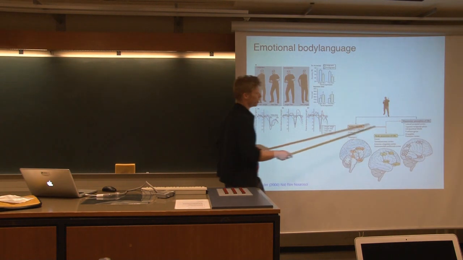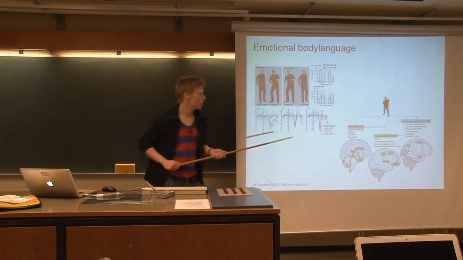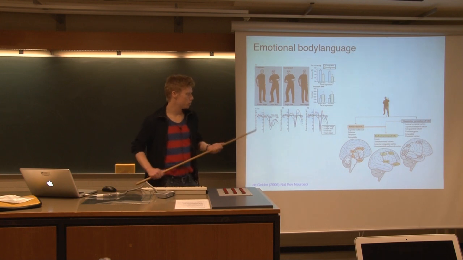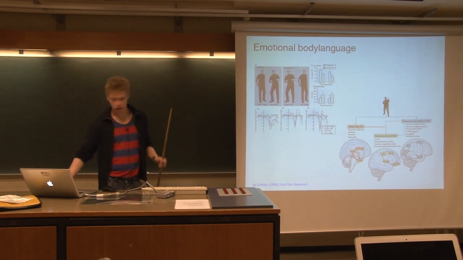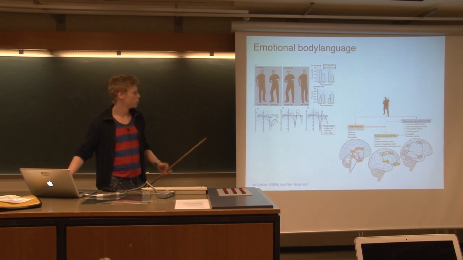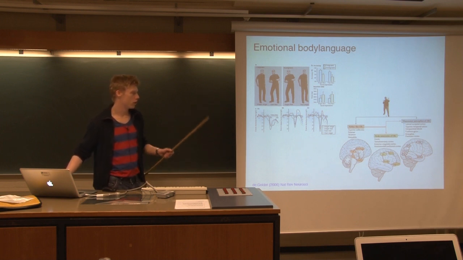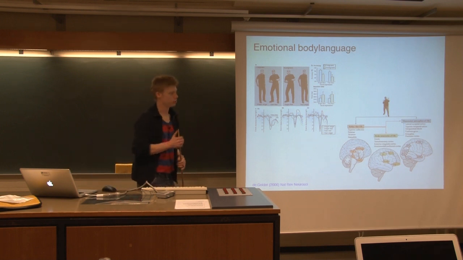And then finally, that can also lead to emotional responses in the way that you express your body language. So it seems that even the way that bodies express emotions is coded in a network that is not only the amygdala, but also includes a lot of the other regions responsible for body perception.